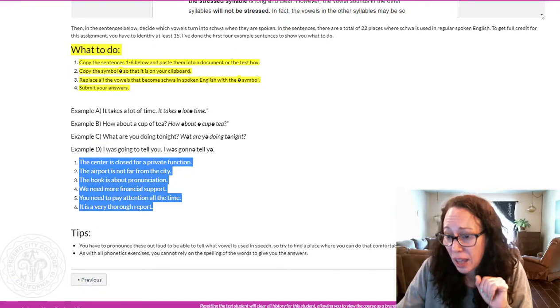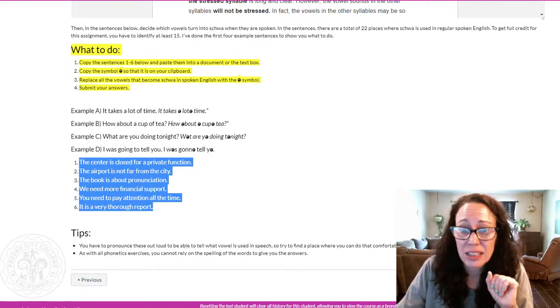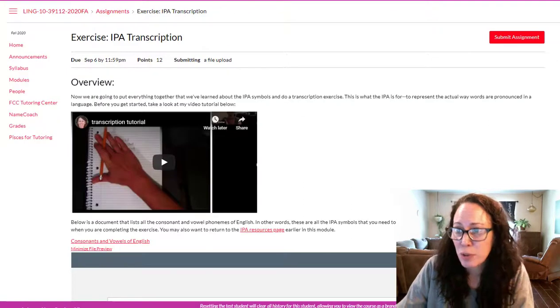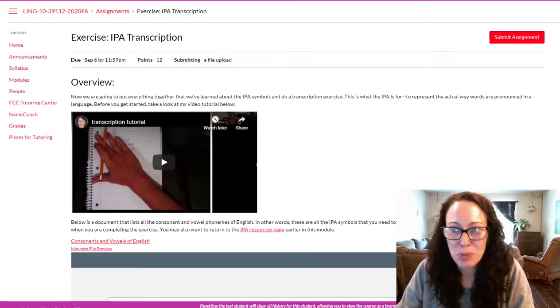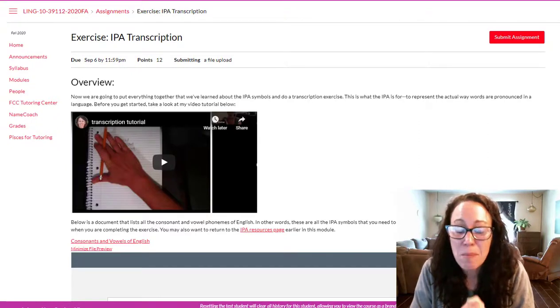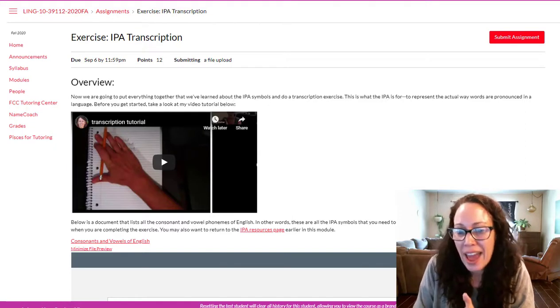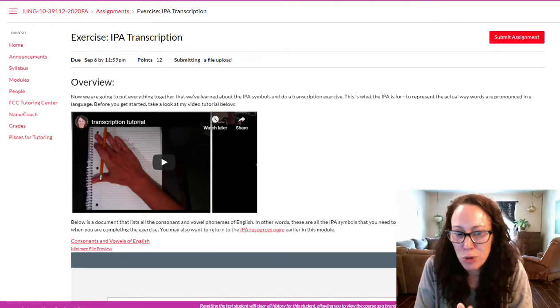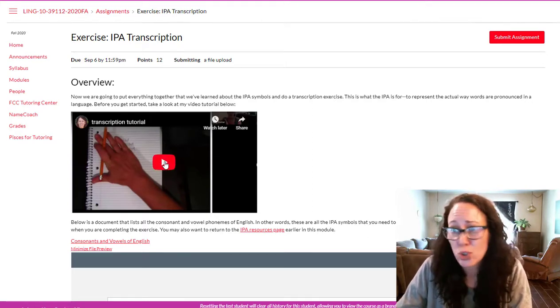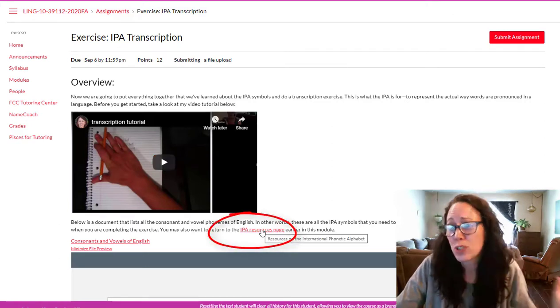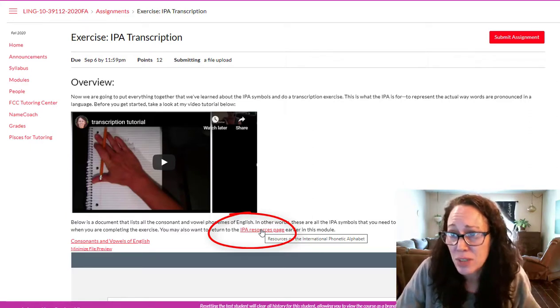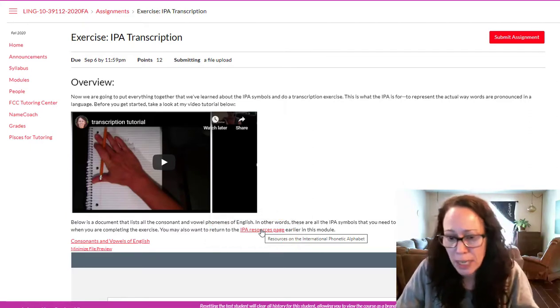And then the last assignment for the week is doing some transcription. This is one of the most difficult things about this class. So I have a few resources here for you. I have given you a short little tutorial that I did about how to do transcription. This links back to the resources page that we looked at the very beginning of the module, just in case you need a quick way to get back there.